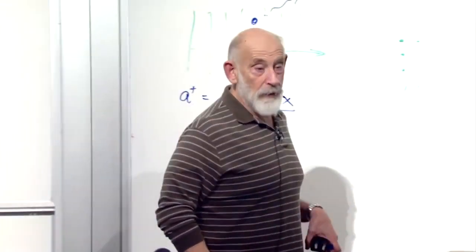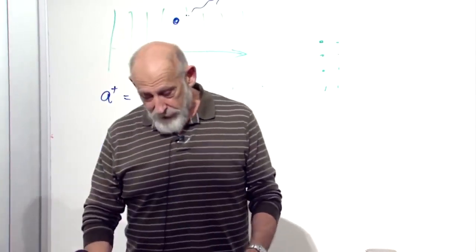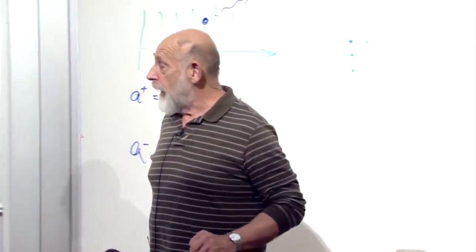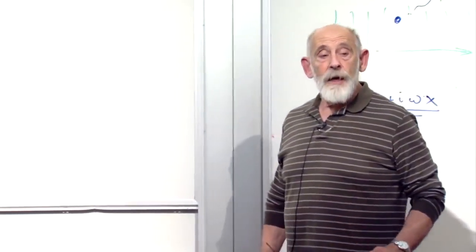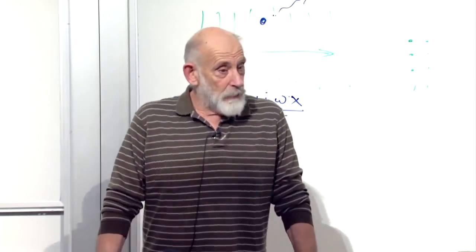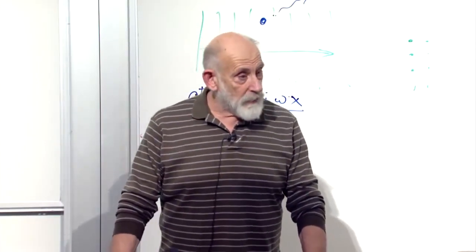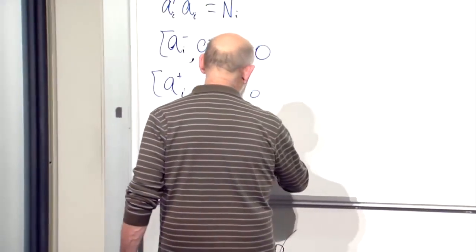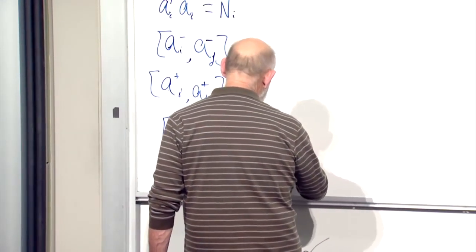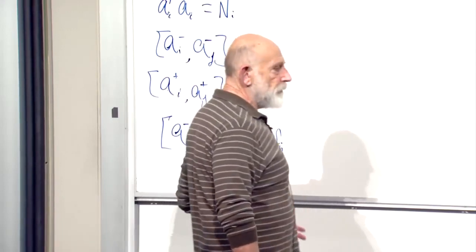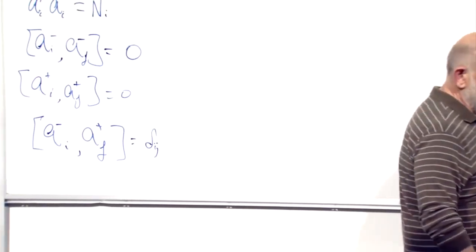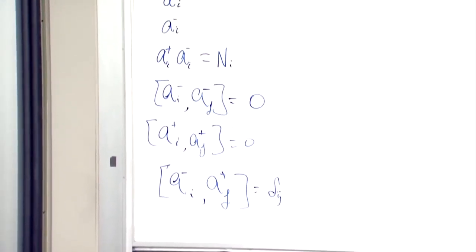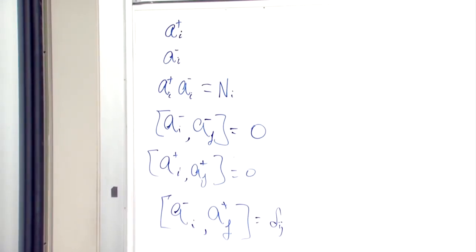They don't know about each other, they don't talk to each other, or at least they may talk to each other, but they are independent of each other, and the commutator must be 0. On the other hand, if it's the same oscillator that we're talking about, then the commutator must be 1. So this is equal to delta ij. This is the algebra of the operators of many harmonic oscillators. You need to know that.